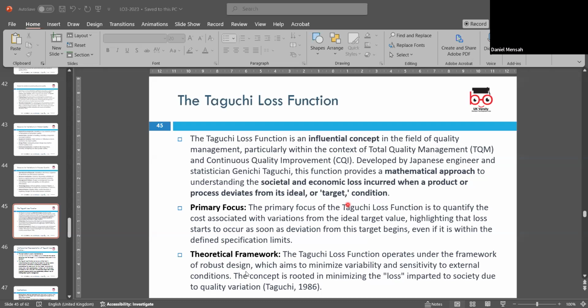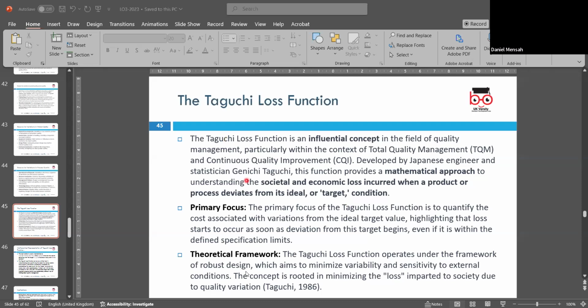It uses a robust design technique which seeks to make products and processes less sensitive to variation and external factors, and they bring some kind of stability in their processes, which leads toward better overall performance. They want to bring stability in the processes, which is a part of continuous improvement or total quality management.